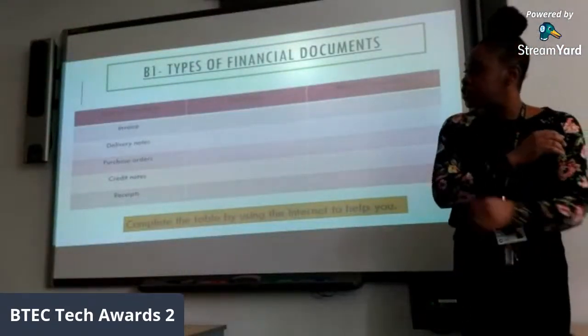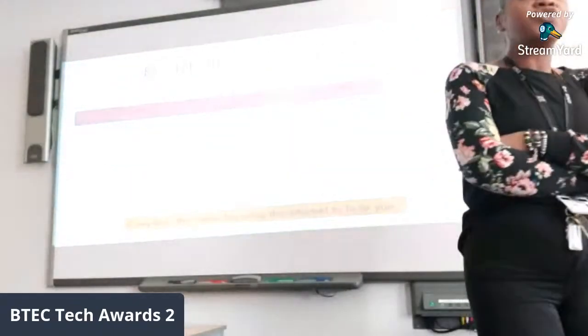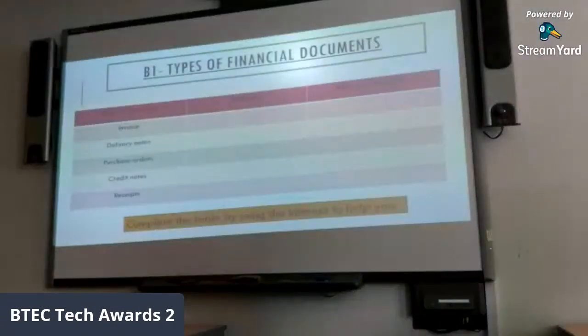B1, types of financial documents. Write these down for me. I want you to draw the grid up for me. In the first column, can you see the board? You need to tell me because you need to be able to read it.